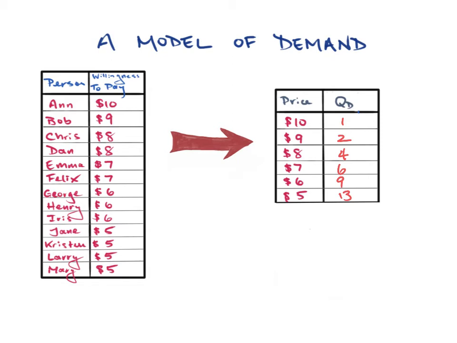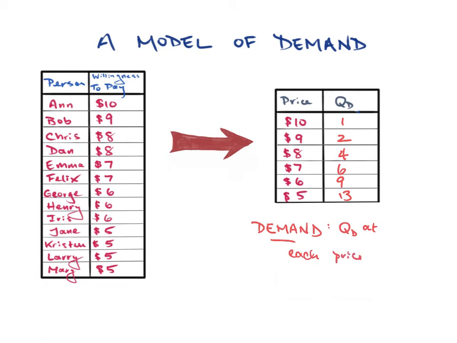So what we have on the right, this table represents the demand. Okay. And the demand is telling us the quantity demanded at each price.